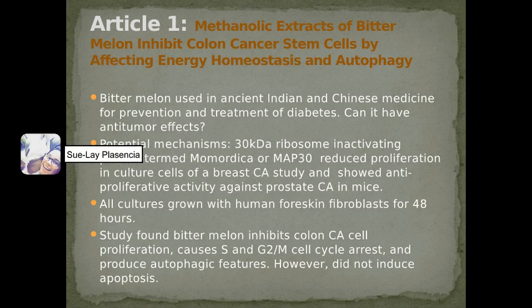Okay, so for Article 1, methanolic extracts of bitter melon inhibit colon cancer stem cells by affecting energy homeostasis and autophagy. So the article name doesn't really coincide with everything that they found that bitter melon does with colon cancer, but I guess they had to pick a smaller name instead of putting everything, so it's fine, but we'll go into that.